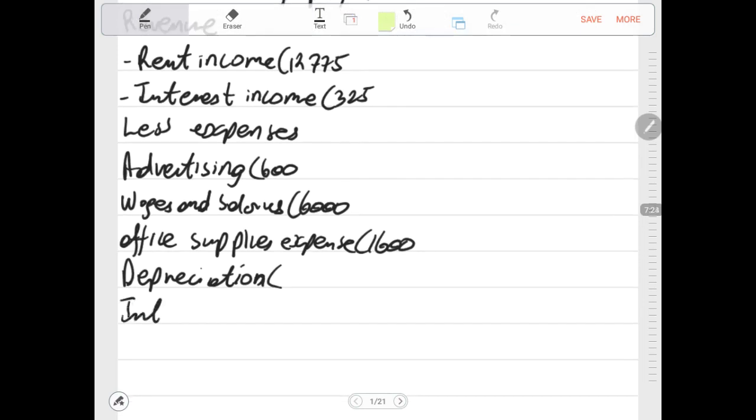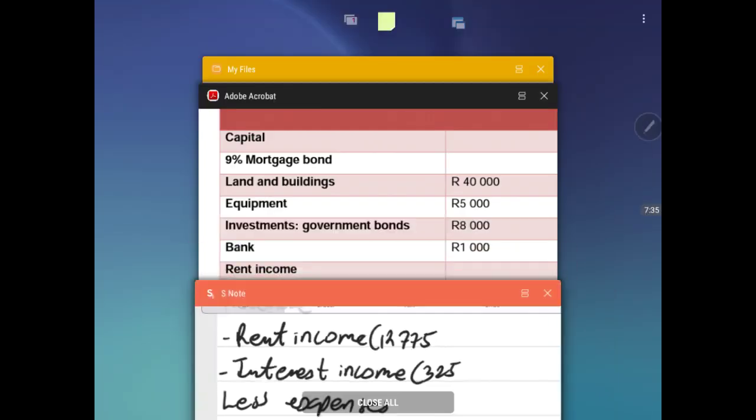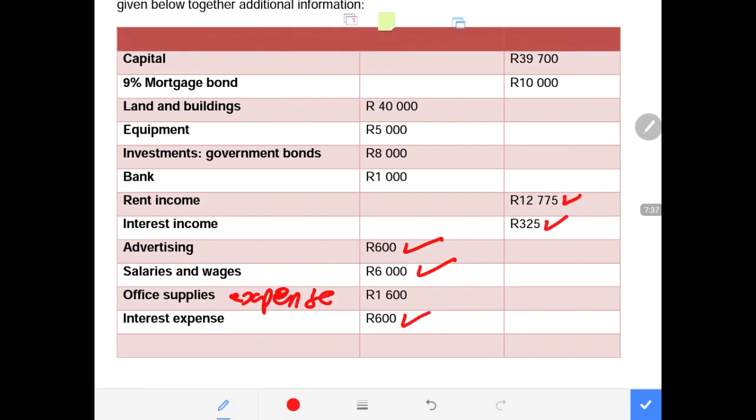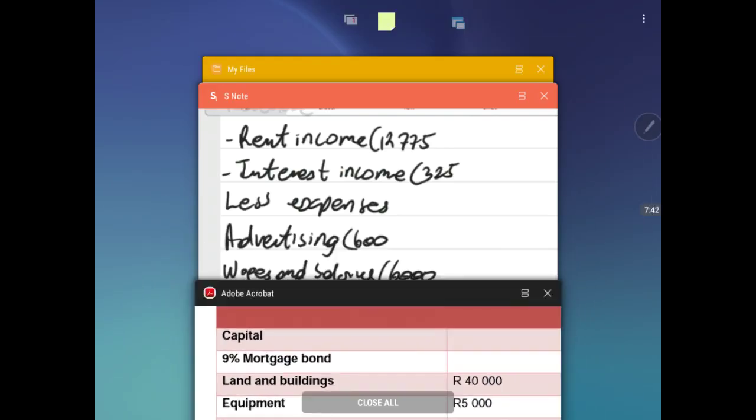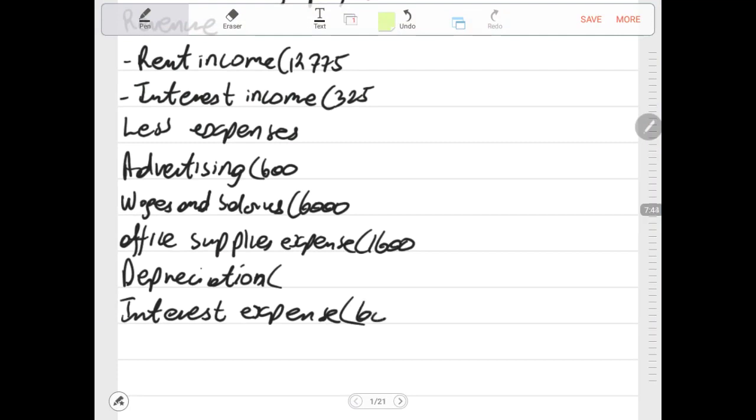Then after I can record the interest expense. My interest expense given in the trial balance is 600 rands. That is taken into account. Then after this, we know that we will get to the profit for the period.